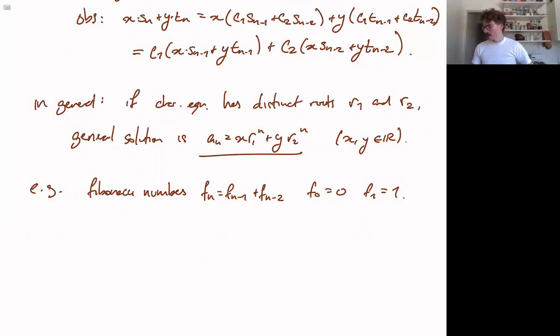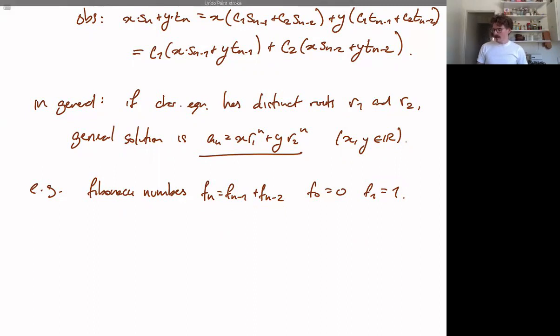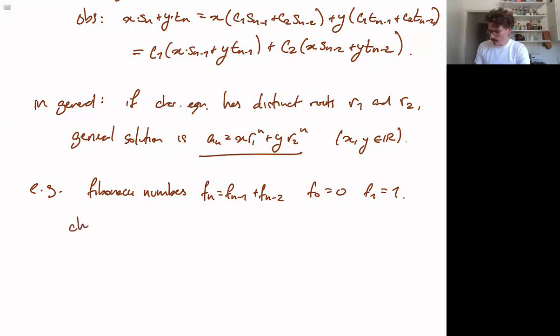So the characteristic equation, what is this thing? It is r squared minus r minus 1. Because remember, we need to get them all on the same side, so we get the minus signs in there. And the coefficients are just 1. So the characteristic equation is r squared minus r minus 1.